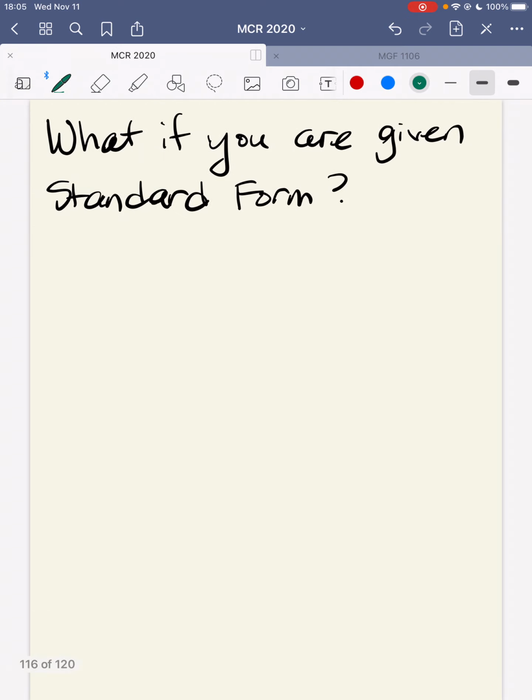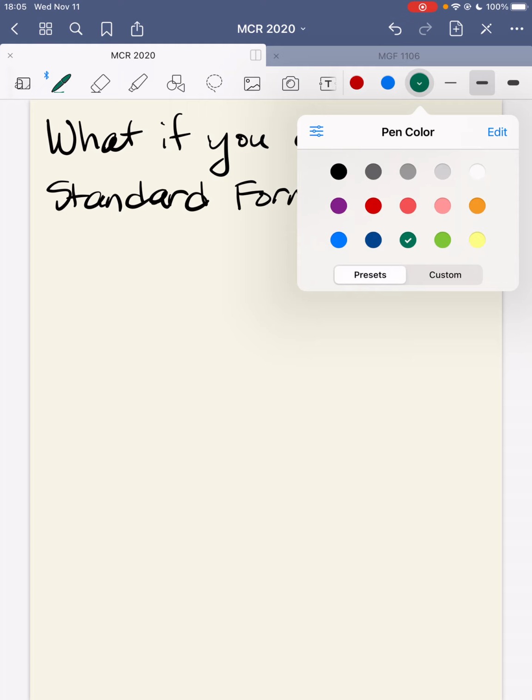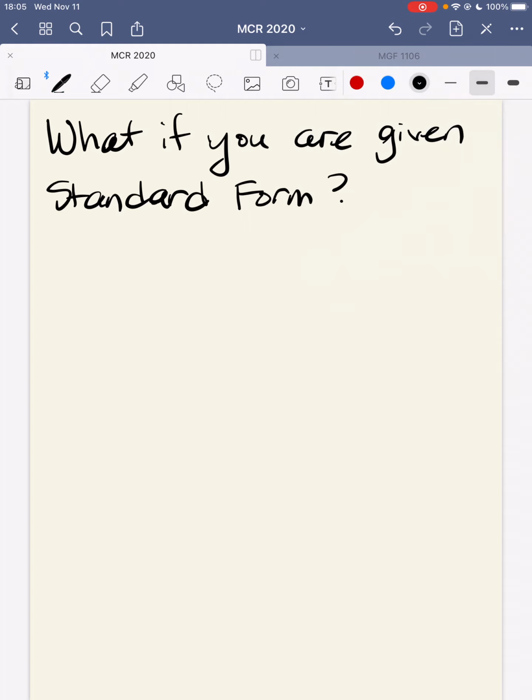All right? But what happens if you're given a line in standard form, but asked to graph it using your slope and your y-intercept? So let's say I'm given something like this, okay?